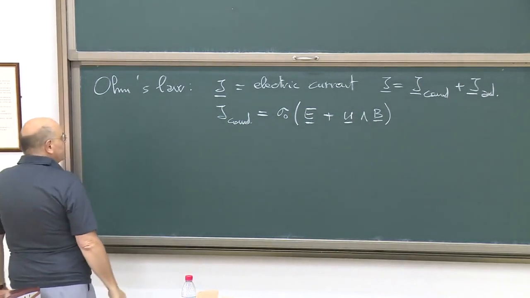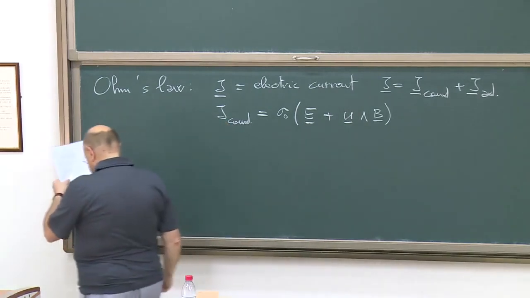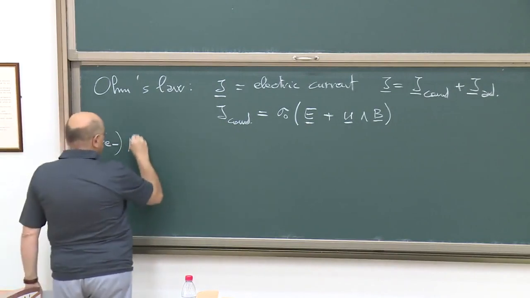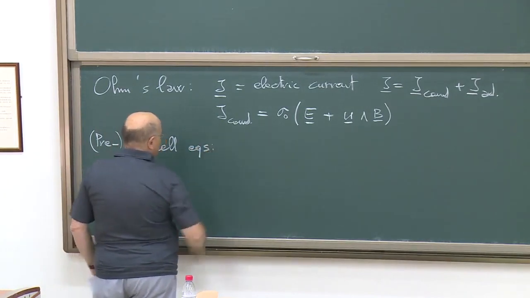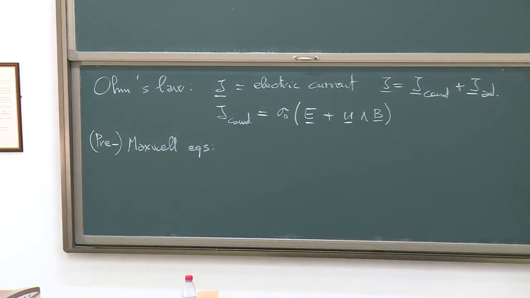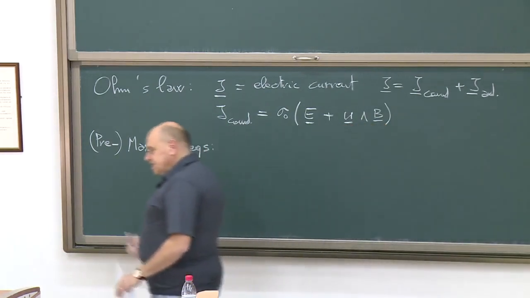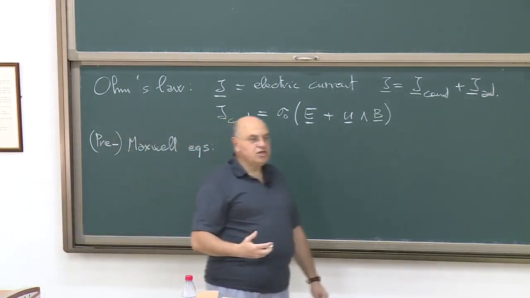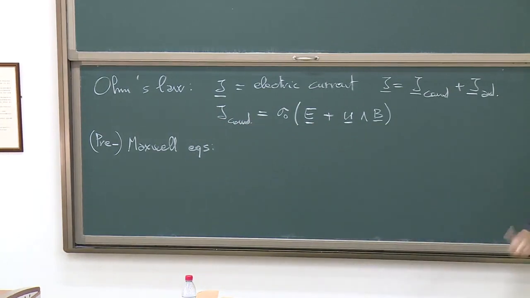And from basic observations and conservation laws, we can derive the so-called pre-Maxwell equations. The first set relates possible sources or sinks. The second set relates the change in time of these key quantities, the electric field and the magnetic field.